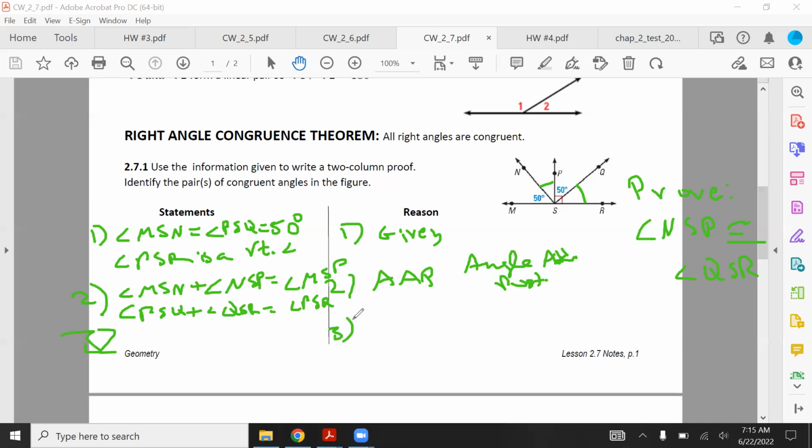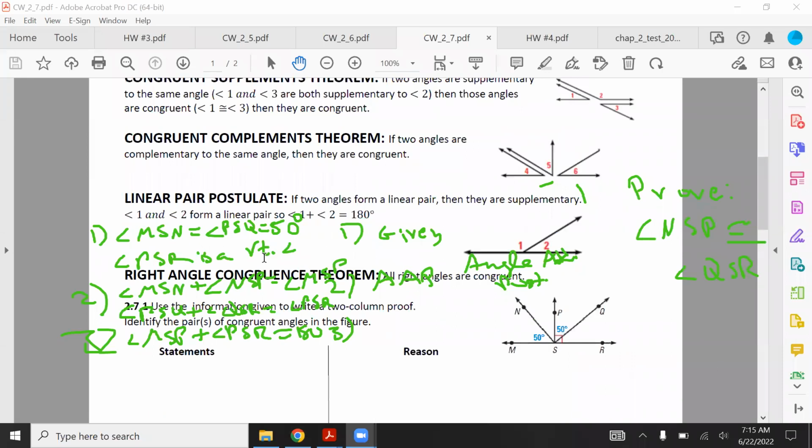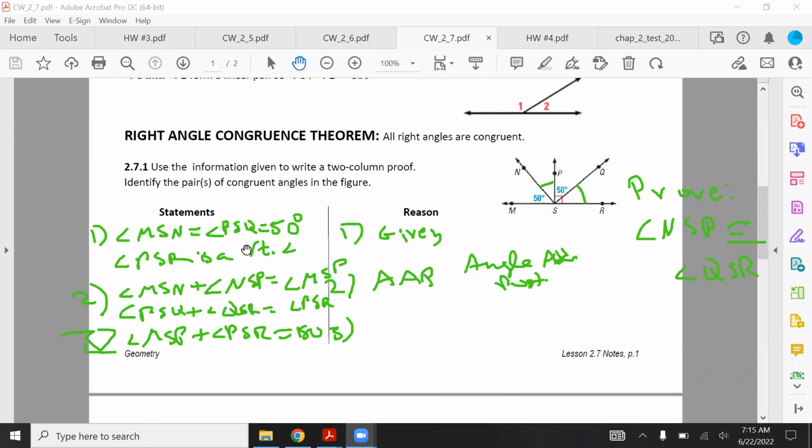Also, we know that angle MSP plus angle PSR equals 180. And that's going to be using our linear pair postulate because they do form a linear pair according to the diagram.